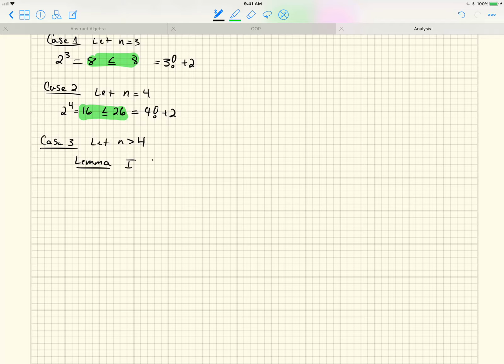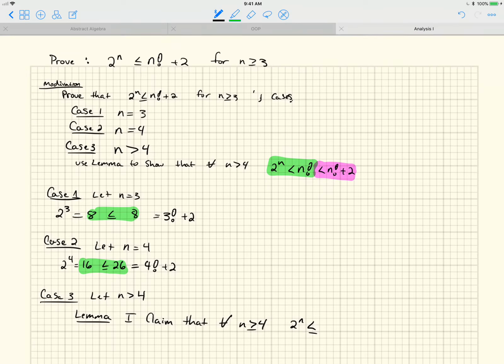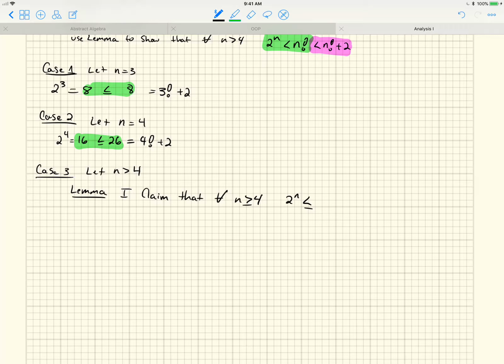So I claim that for all n that are greater than 4, and in this case I'll just say equal to, to make my life easy, 2^n is less than or equal to n!. Okay? So I will do this by induction.